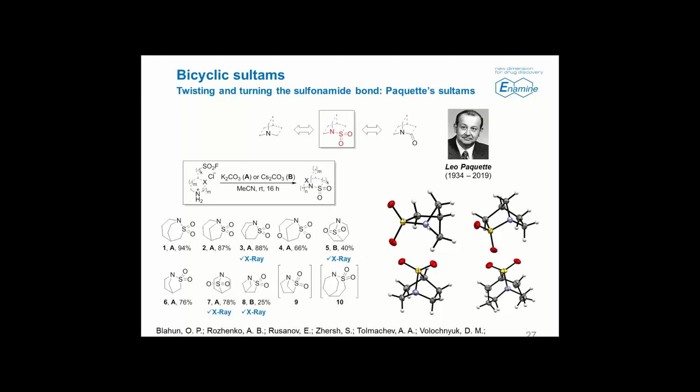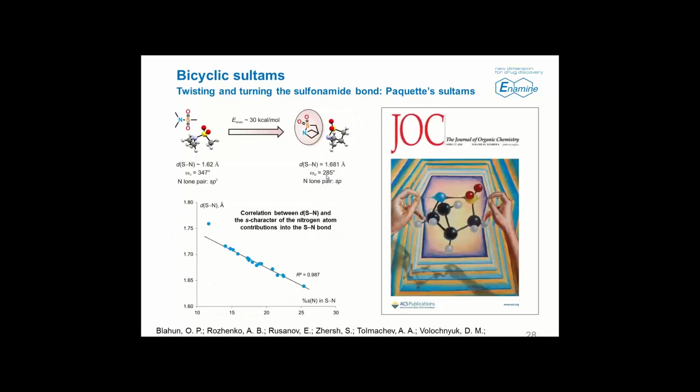The nitrogen atom in this structure is so highly pyramidalized that the sum of the valence angles at this atom is only 285 degrees. This is one of the most pyramidal nitrogen atoms in sulfonamides. Only aziridine derivatives have such large pyramidalization.